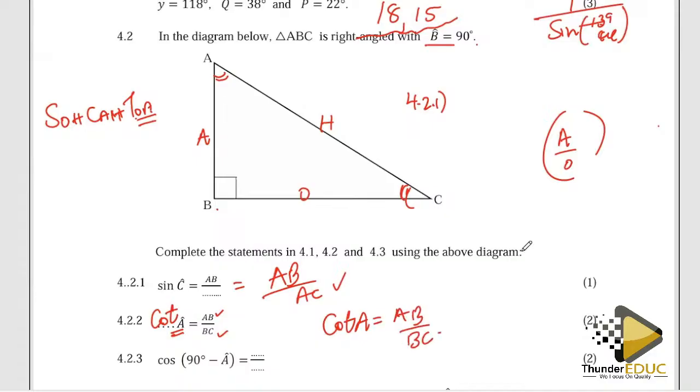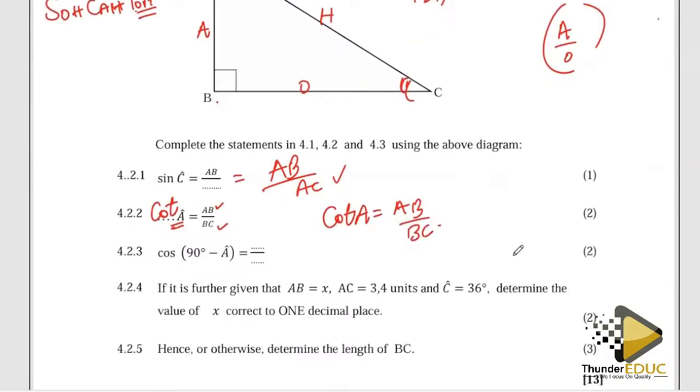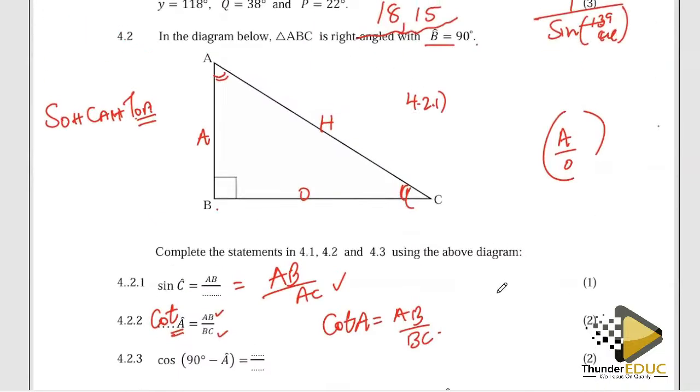Then next, they want us to give the cos of 90 minus A. Now, if this angle of ours is A, then this angle becomes 90 minus A. Because if we add the two we get 90, and adding another 90 gives 180, the angles in a triangle.